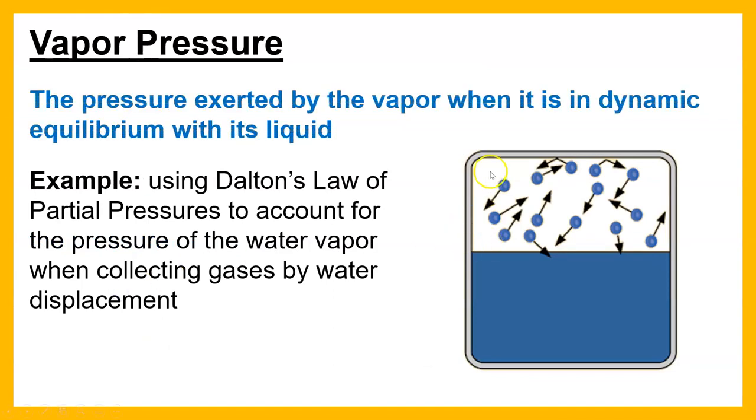So see our container here, and we have the liquid down here at the bottom, and up here you can see the vapor. And these little particles are bouncing all over the place because they're a gas, right? Now sometimes particles will leave the liquid and go into the gas phase, but sometimes they'll go the opposite direction.